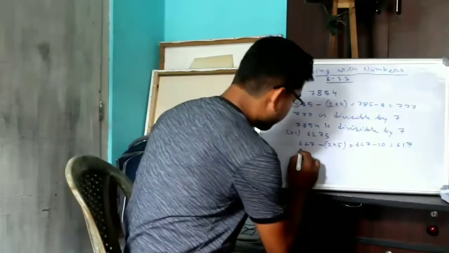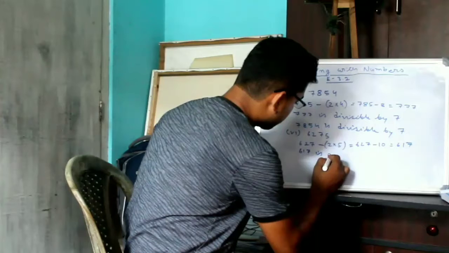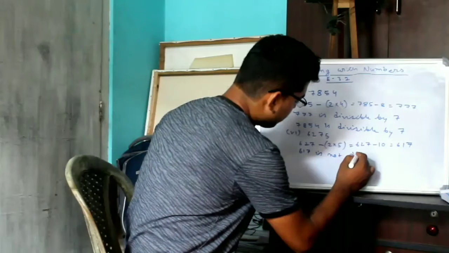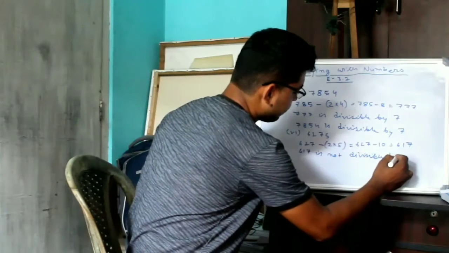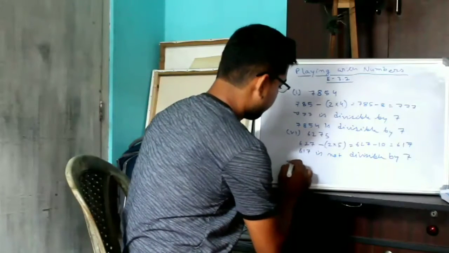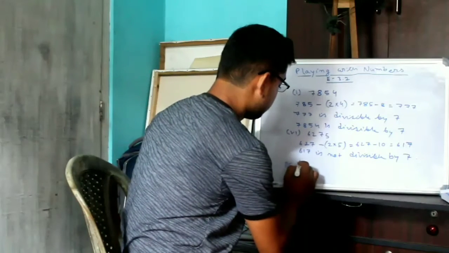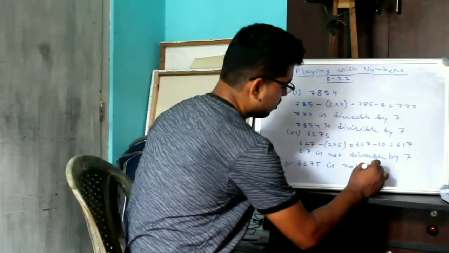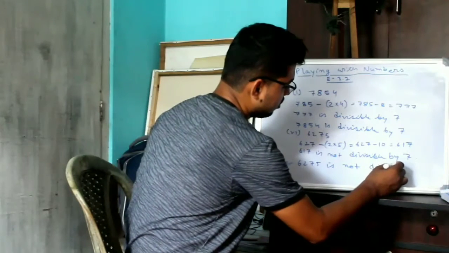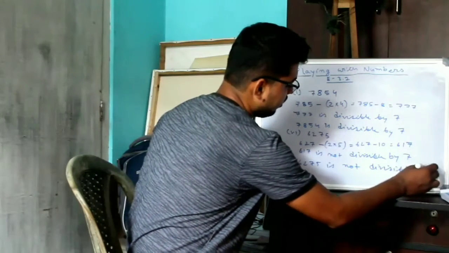So 617 is not divisible by 7. So 6275 is not divisible by 7.